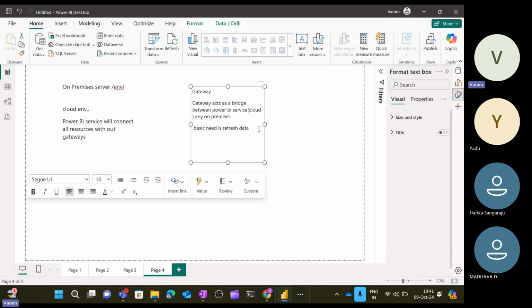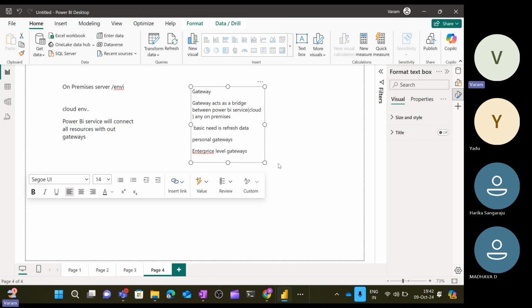Okay, so there are two types of gateways. One is the personal gateway. Second one is the enterprise level gateway. Sorry, this is wrong. Enterprise level gateways.